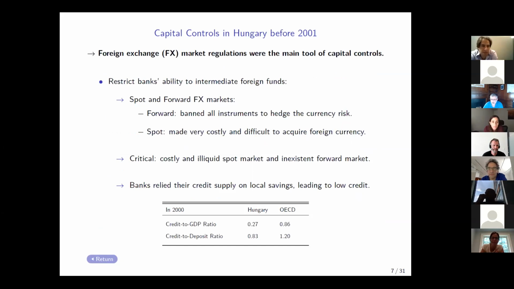I think Liliana can give you better details, but basically the slide that I promised, so that you see I was not lying, is the one that you see now. Basically it was a restriction on the banks to intermediate funds. So there were restrictions in the spot and the forward market for FX, and all of these instruments were basically banned.